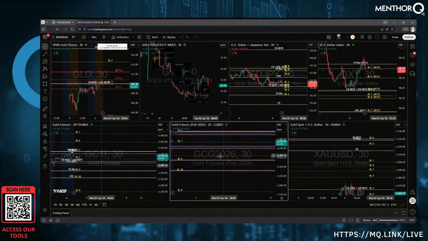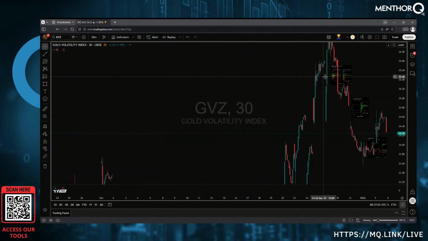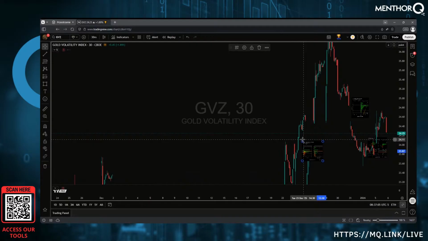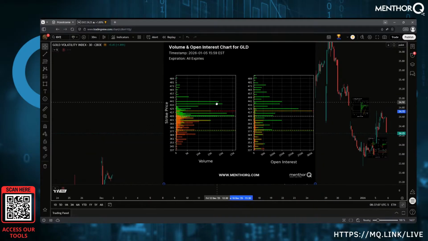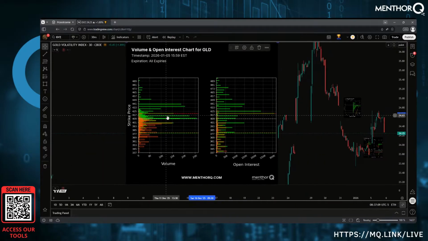GLD right now, the main ETF for gold, shows volume. The main strike is sitting around 410, later 415, another strike at 420, then we have a gap to 430, 440. Below, the supporting zone is the 400 round level.